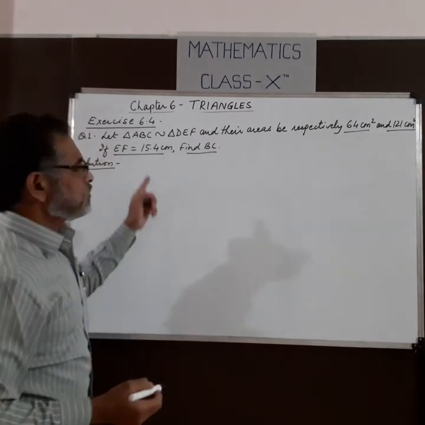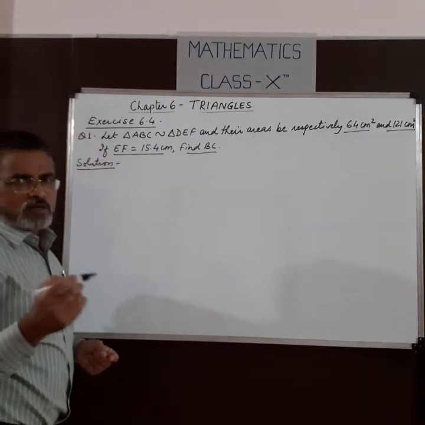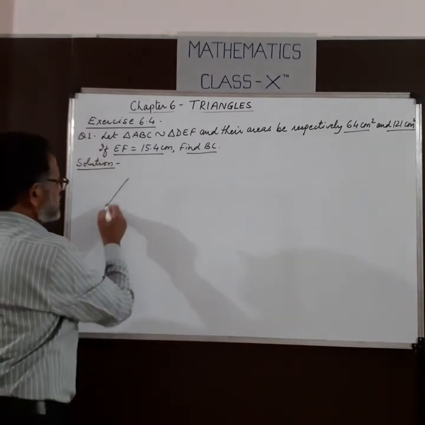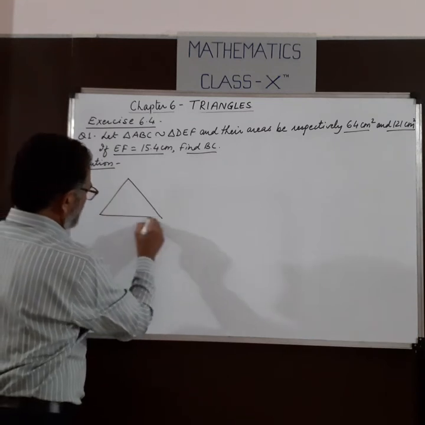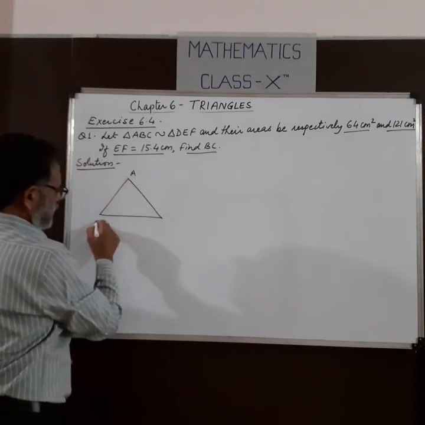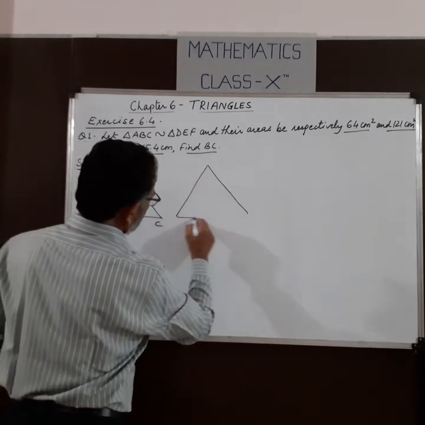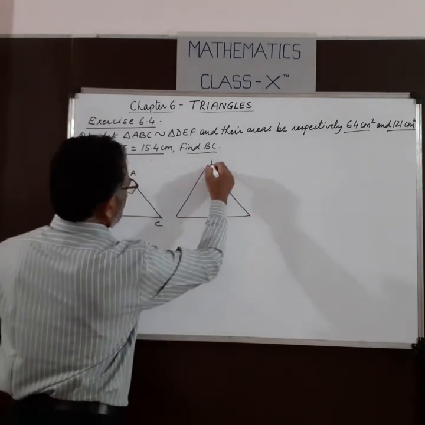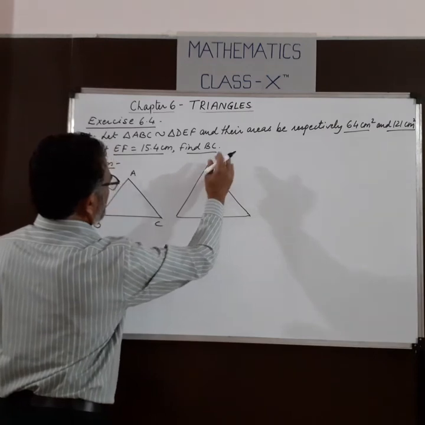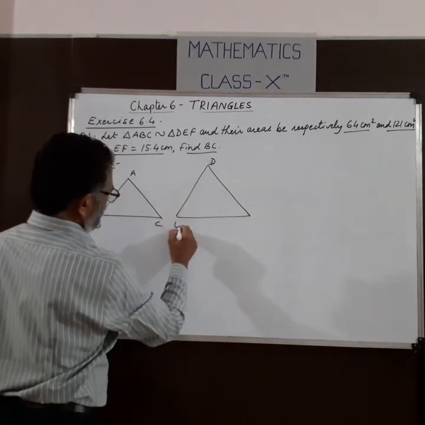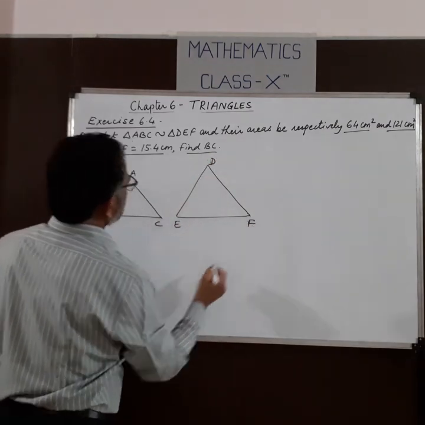To simplify this, we draw a diagram. If this is triangle ABC and this is triangle DEF. Now, what is given?